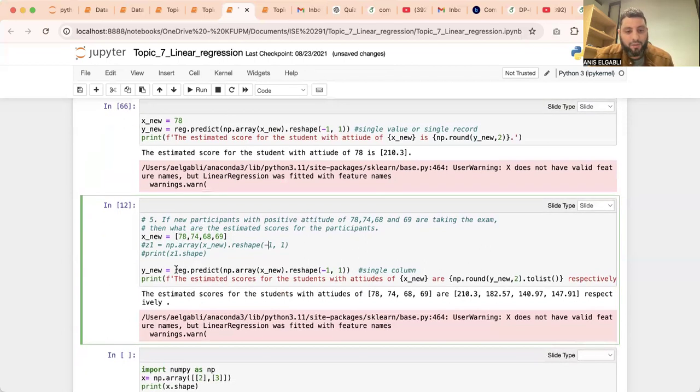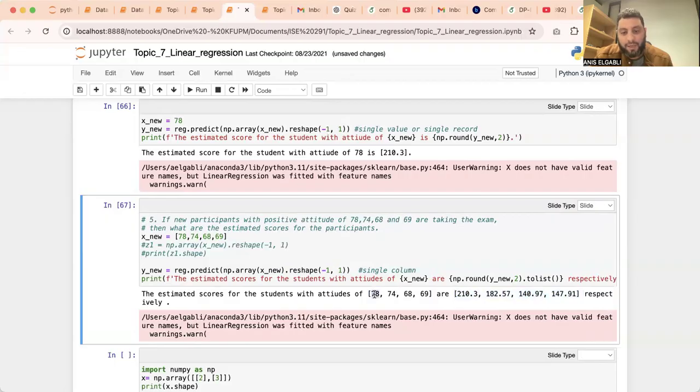So we call the function predict, and we reshape this as a 2D array with one column. Then we pass it to predict, and it returns the prediction for every one of these. These are the input variables, and these are the predictions, the estimates for the target variable Y.